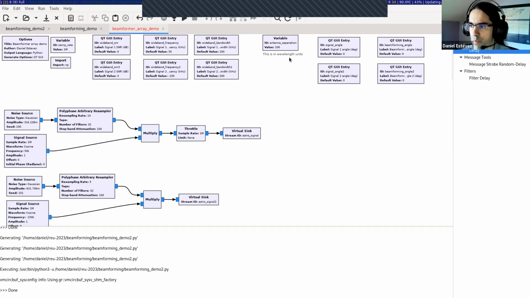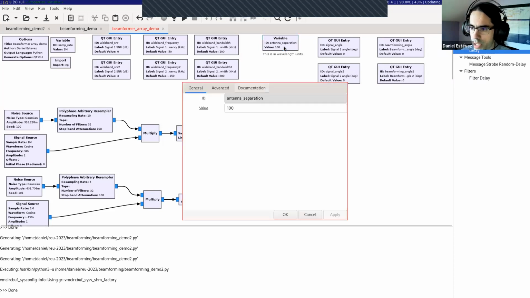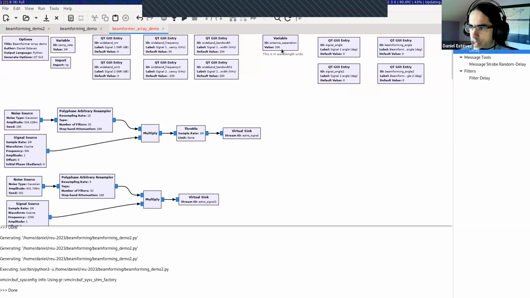So you could have it in meters, you could have it in any units of distance you want. By using meters, the calculations come easier. We do not need to invoke the speed of light or the frequency we're observing at. But of course, that's used when computing how many wavelengths the antennas are separated.